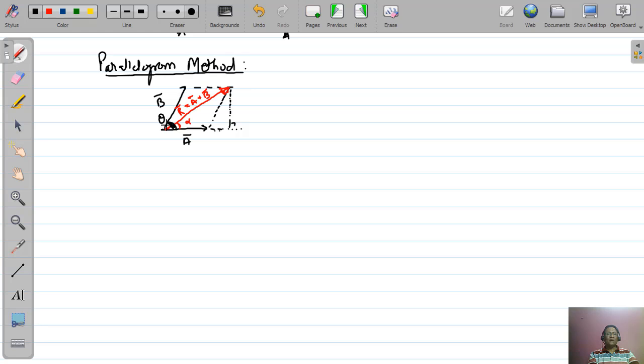Because this arm of the parallelogram and this arm of the parallelogram are parallel and equal in length, if the magnitude of this vector B is B, then the magnitude of this side is also B. This makes an angle theta, that means this angle is also theta because these two lines are parallel. We mark the positions here O, P, Q, R, S.